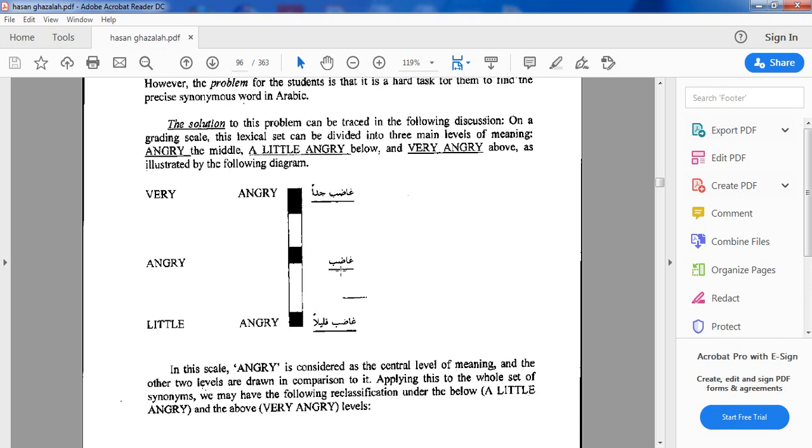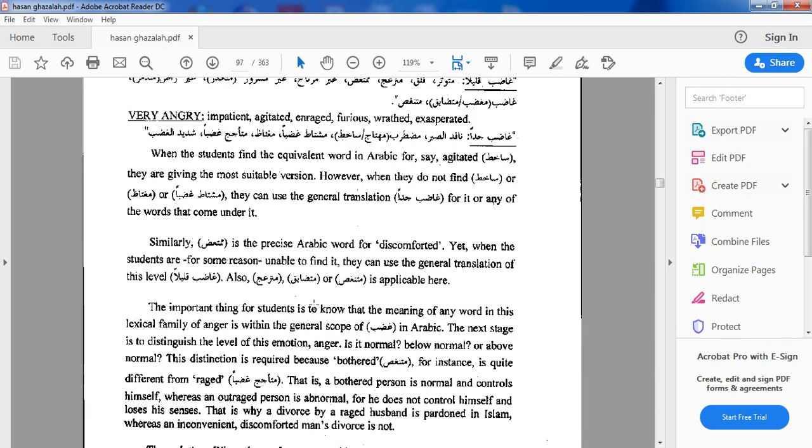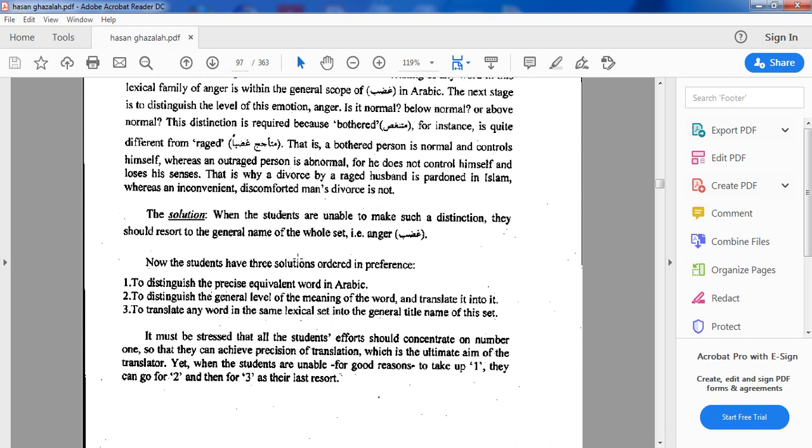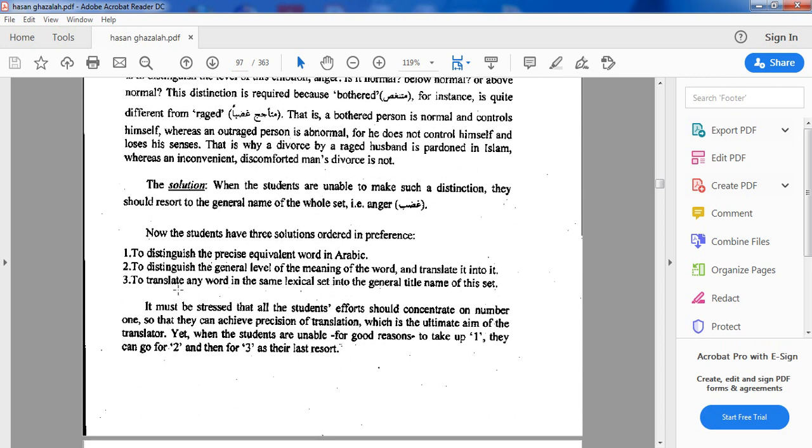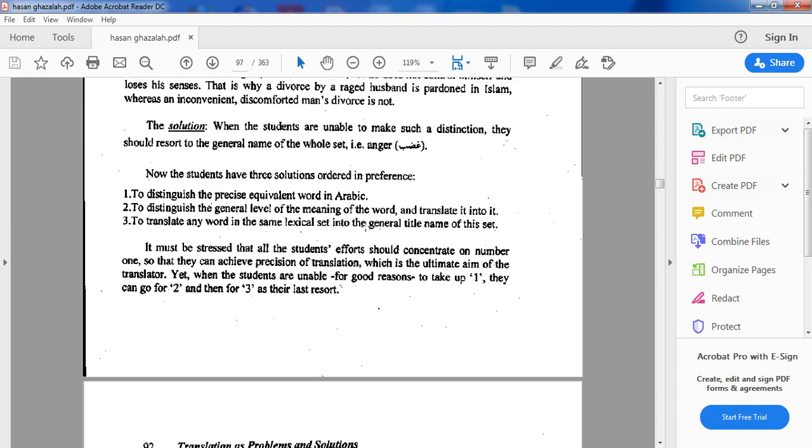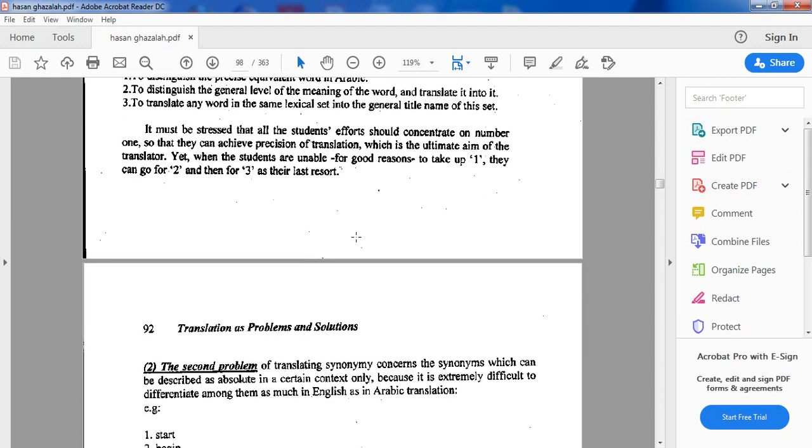Is it within غاضب جدا, غاضب, or غاضب قليلا? And the third solution is to translate any word in the same lexical set into the general title name of the set. So if you don't find it, you will just say غاضب or غضب. This is the last resort to solve this problem.